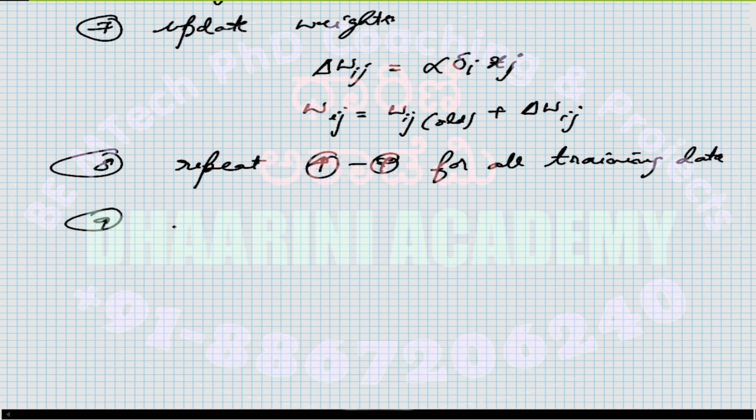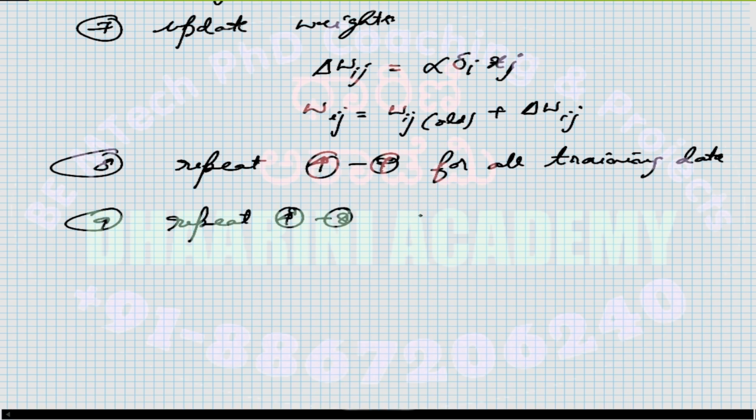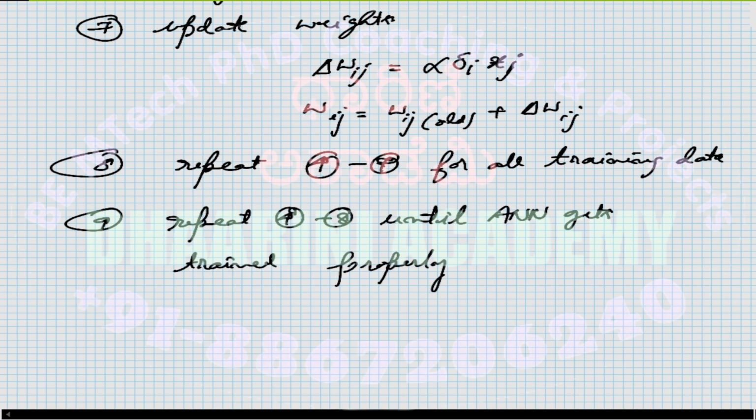And the last step will be to repeat step number 4 to step number 8 until the ANN gets trained properly.